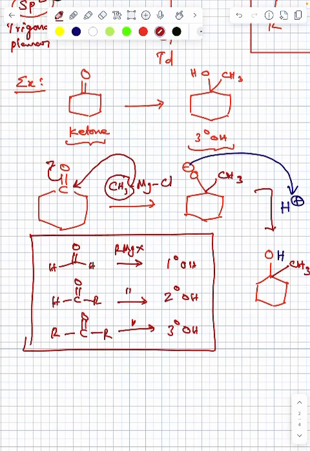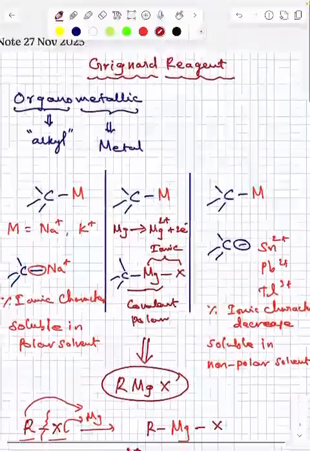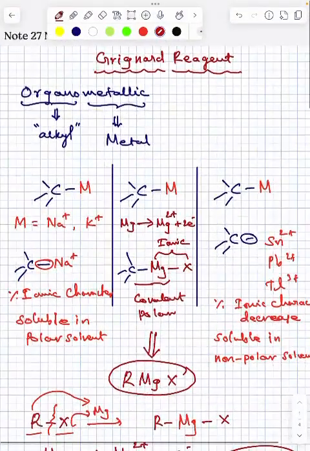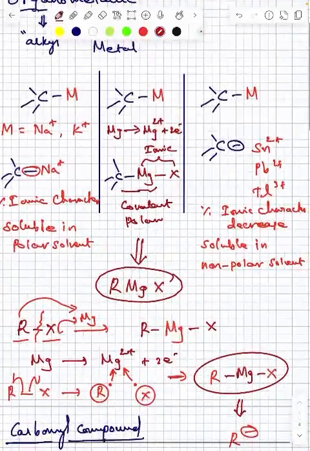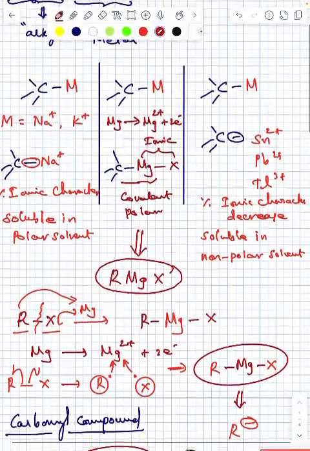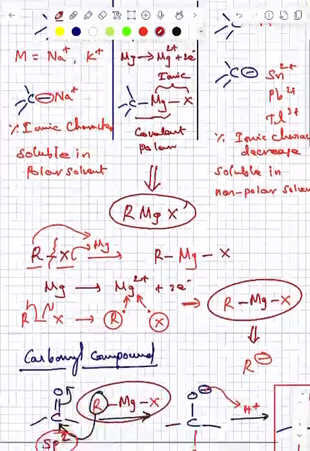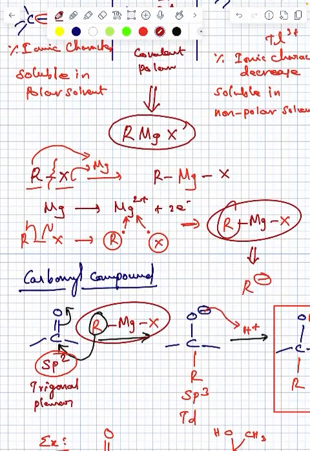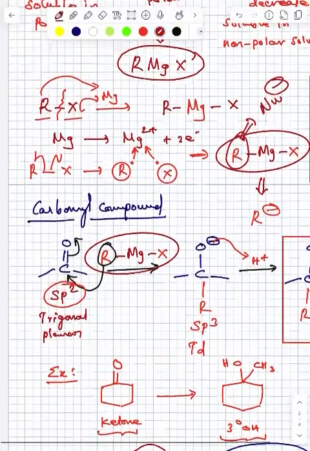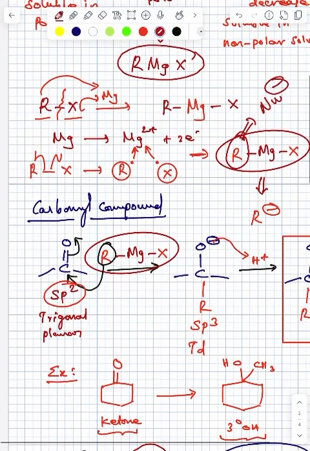Now let me clarify what is meant by the Grignard reagent. Grignard reagent is one of the organometallic compounds. In that organometallic compound, the metal is magnesium, and that produces the Grignard reagent. In this Grignard reagent, the R group acts as a nucleophile. That nucleophile undergoes an addition reaction with the carbonyl functional group.